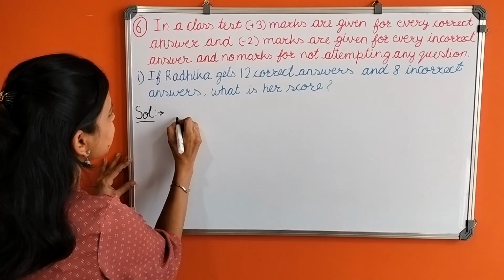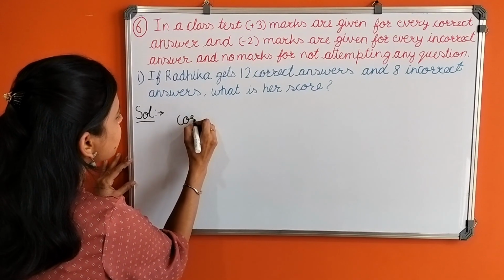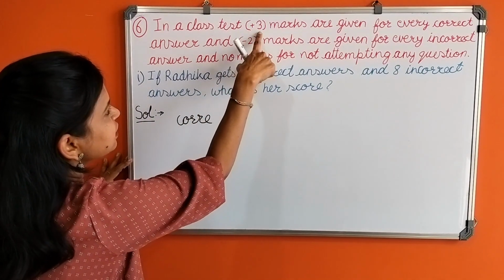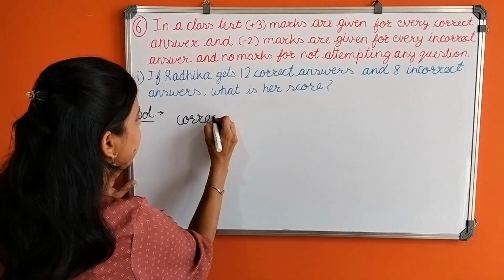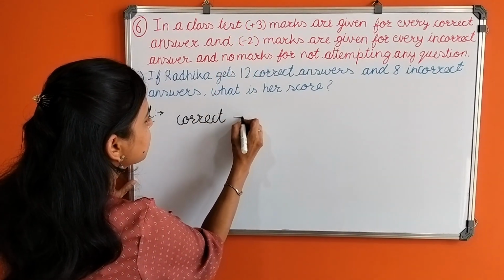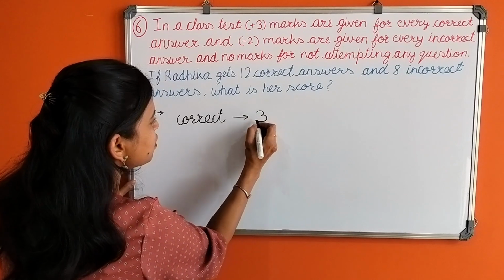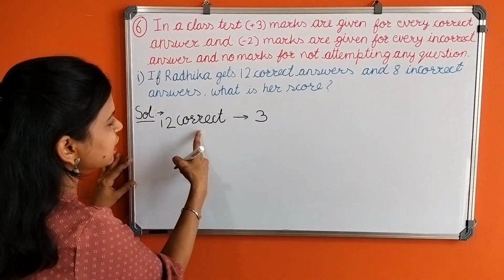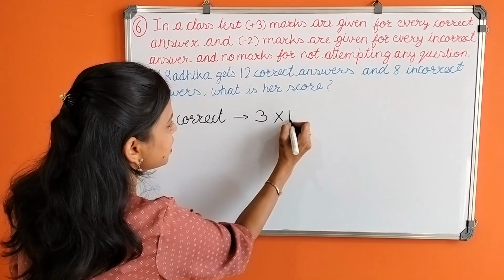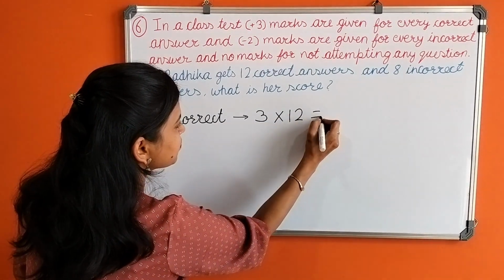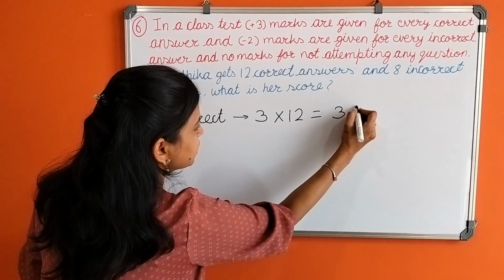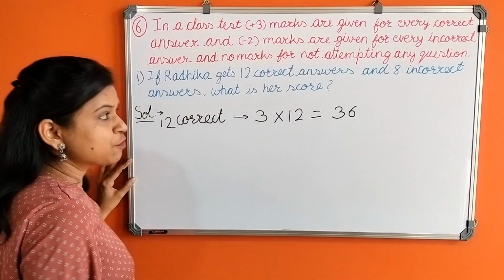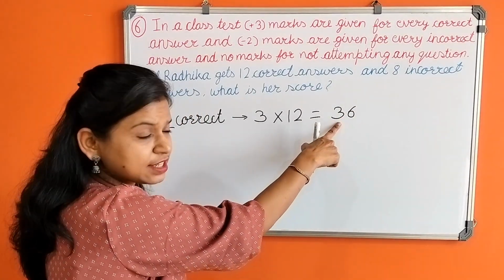So for one correct answer, she will get plus 3 marks. Plus 3 for one correct answer, and for 12 correct answers, she will get 3 into 12, 36. So for correct answers, she got 36 marks.